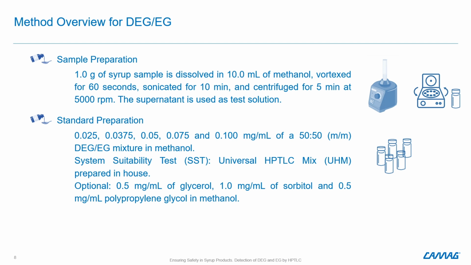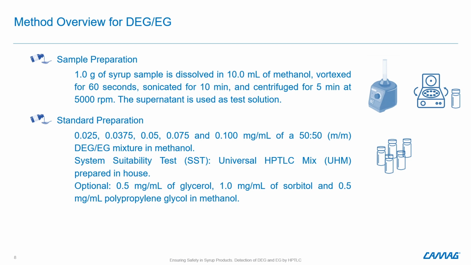Now let's take a look at the materials used in the method. We start with our reference standards. These are DEG and EG 1:1 mixtures prepared at concentrations ranging from 0.025 to 0.1 milligrams per milliliter in 5 different vials. For system suitability, we use the UHM mix.